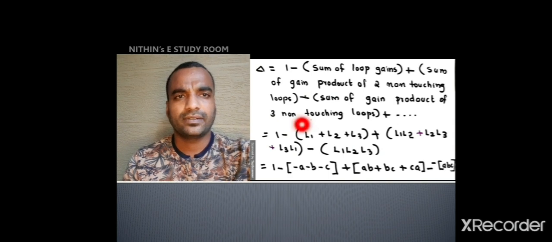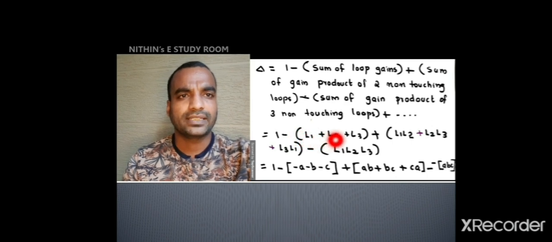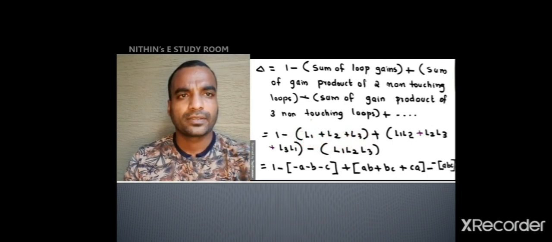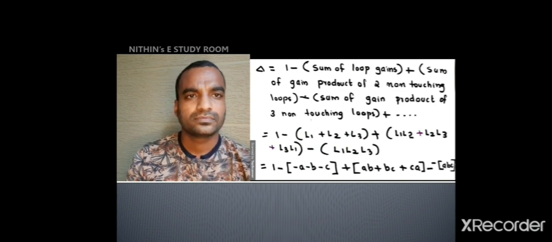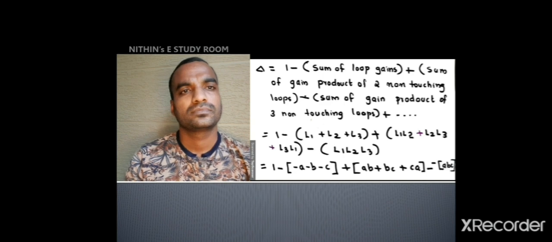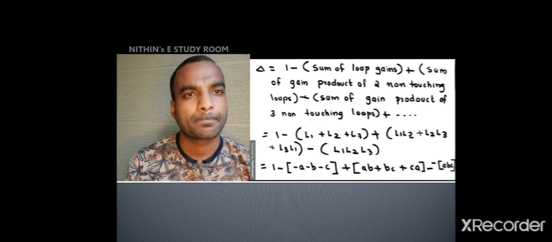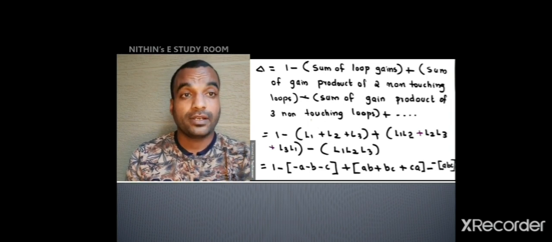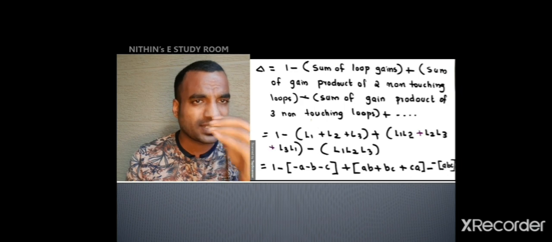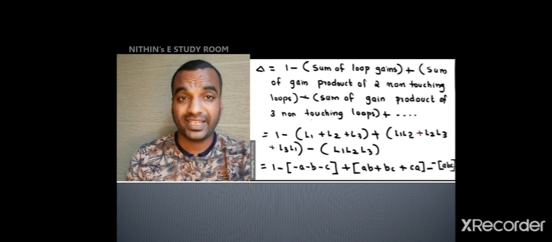I will approach it step by step. 1 minus sum of loop gains L1, L2, L3. For making it more understandable, I have put the names L1, L2, L3, not the gains.